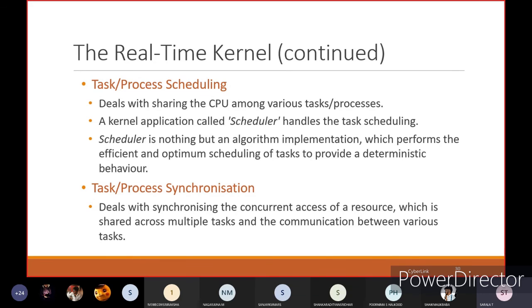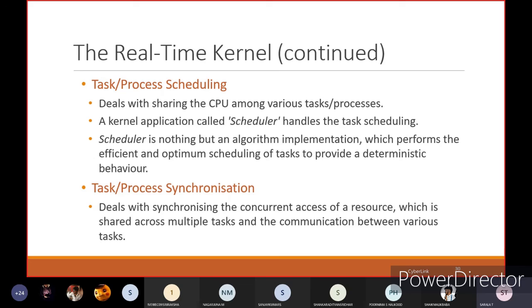All the 3 tasks want the same data or same resource information. Then you will be concurrently connected with those resources, accessing them from the same memory area, which is shared across multiple tasks. Communication also should be done between the various tasks.